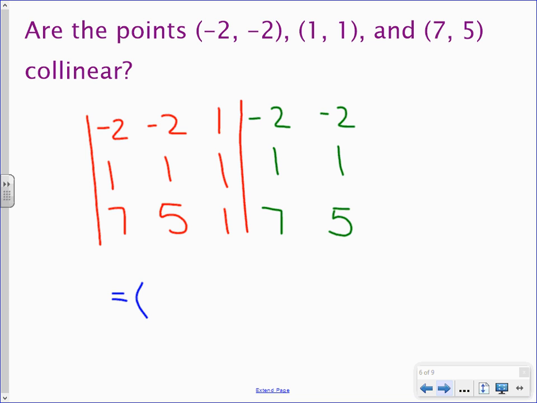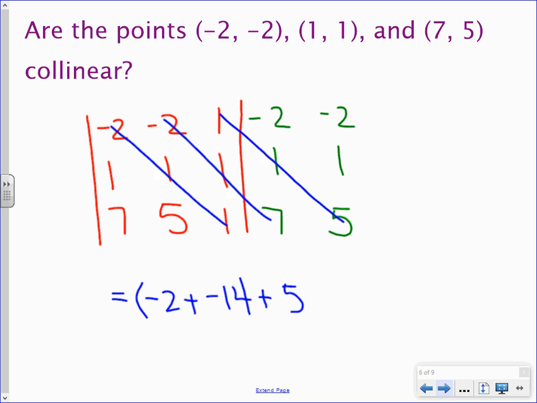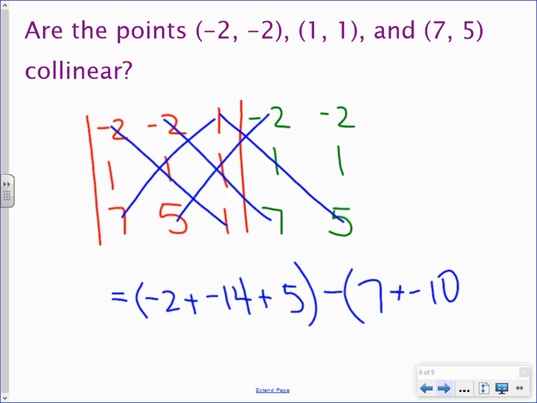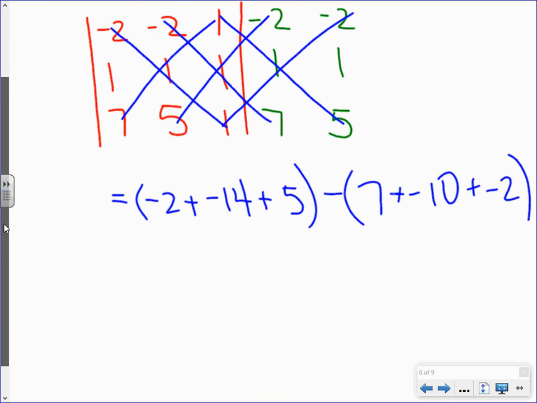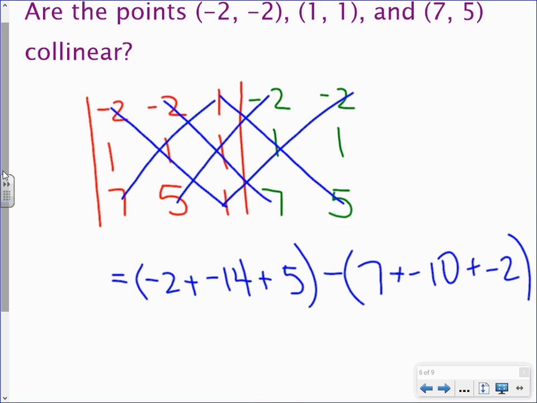Okay, so our products, our down diagonals, we have -2 plus -14 plus 5. And we're going to subtract our up diagonals: 7, -10, and -2. Okay.